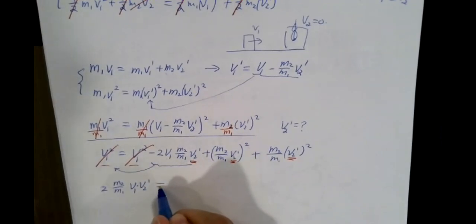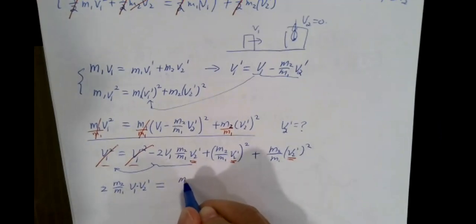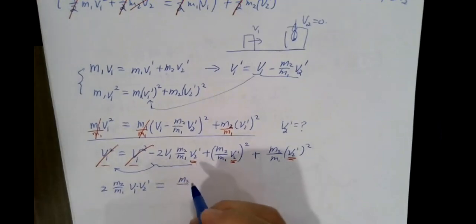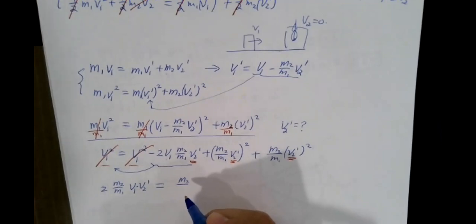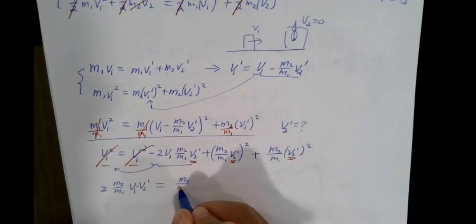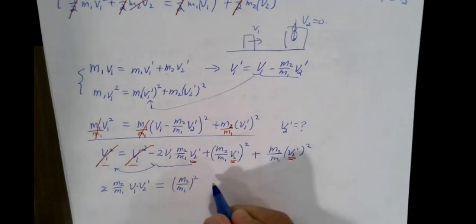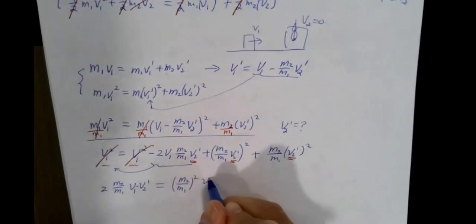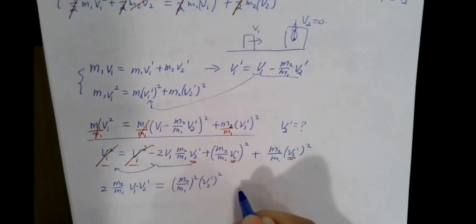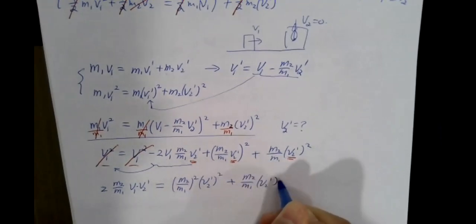This guy here equals m2 over m1 square, okay? And then v2 prime square here plus m2 over m1 v2 prime square.